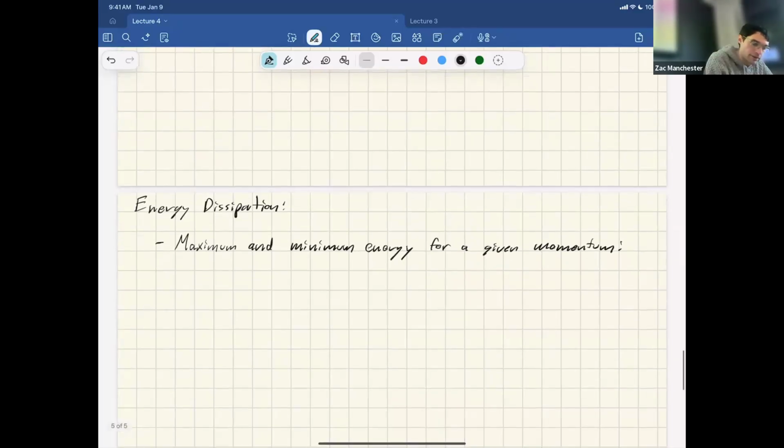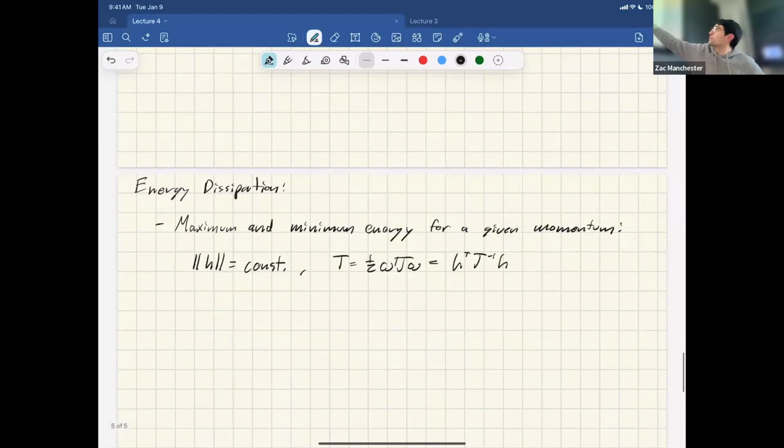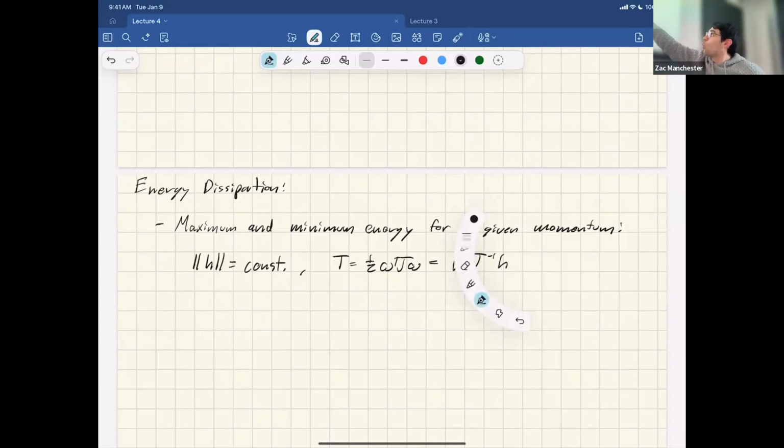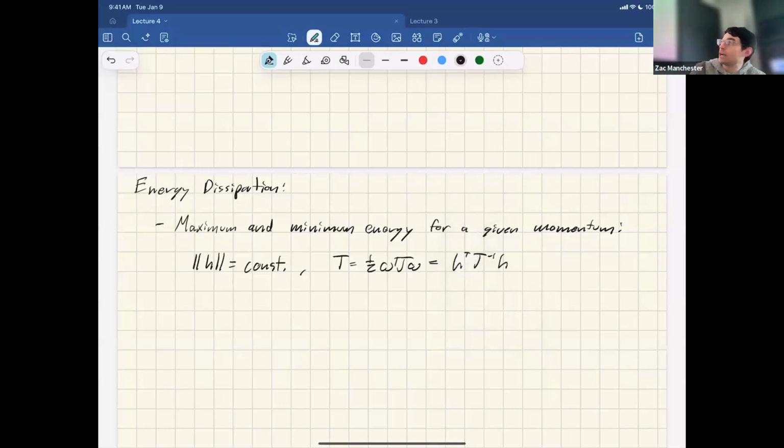This is pretty clear if I write it out from the definition of kinetic energy, omega transpose J omega, which we can write in terms of momentum as H transpose J inverse H. So if the norm of H is constant, let's say norm one, and I try to maximize the energy, what would I do?